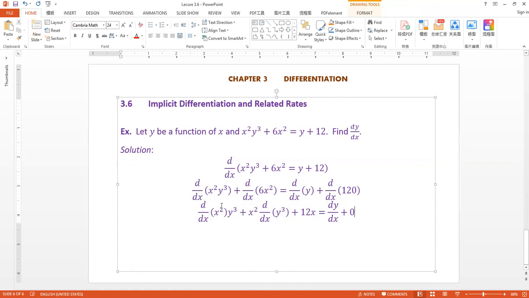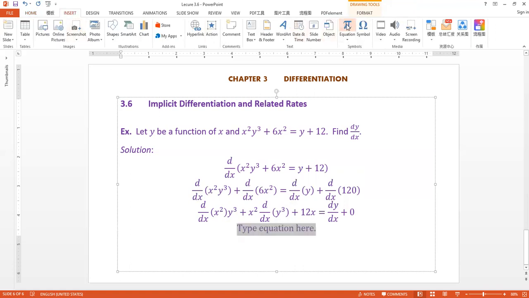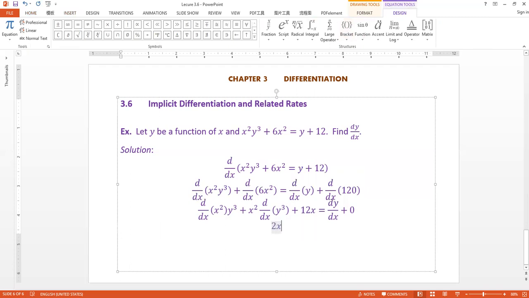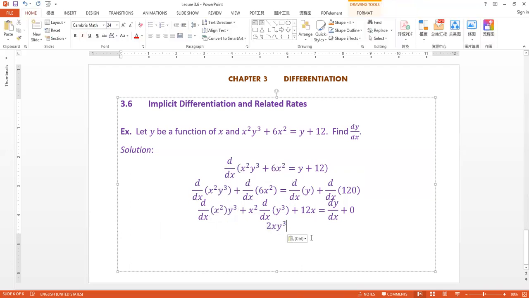The derivative of x squared with respect to x is just 2x. So that's 2x times y cubed on the left-hand side, which is easy.